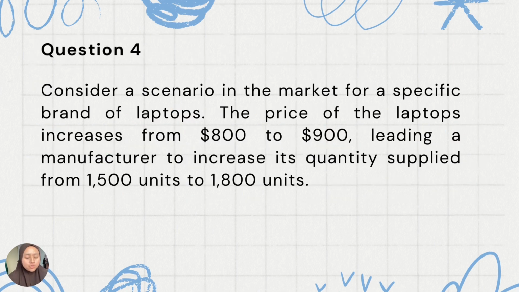For question 4, it says consider a scenario in the market for a specific brand of laptops. The price of the laptops increases from $800 to $900, leading a manufacturer to increase its quantity supplied from 1,500 units to 1,800 units.